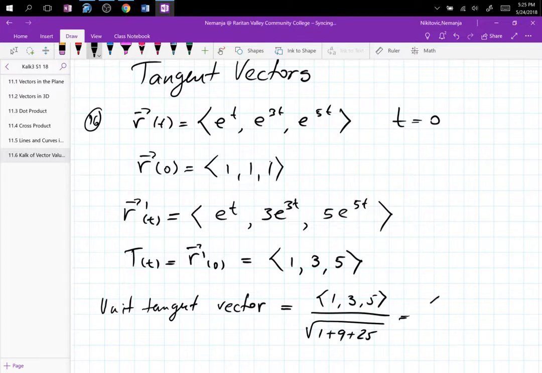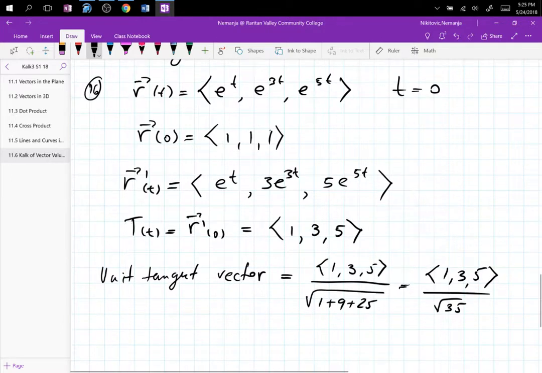This is the vector 1, 3, 5 divided by the square root of 35. That square root of 35 is almost square root of 36, so this is about 6, and the numbers are about 1 over 6, 1/2, and 0.8, or 0.85, whatever.